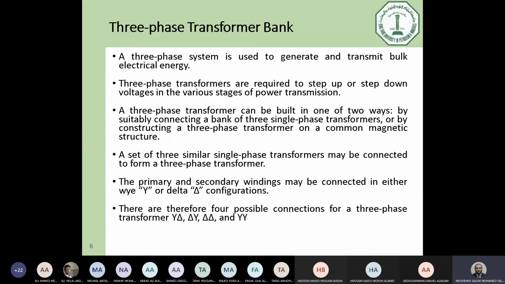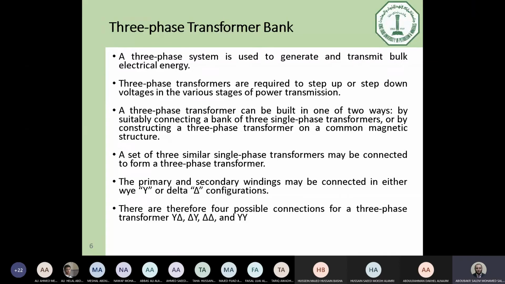Simply, you can bring three single-phase transformers and start connecting these three transformers, either star or delta or a mix between primary and secondary, in order to construct a three-phase transformer. This is one way.